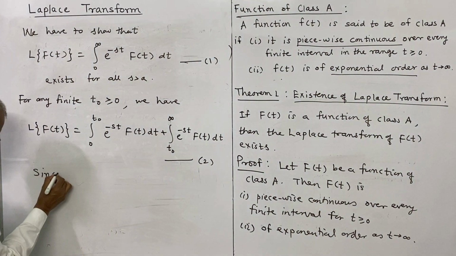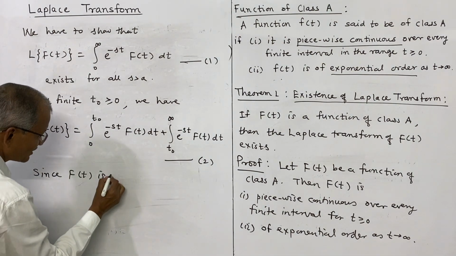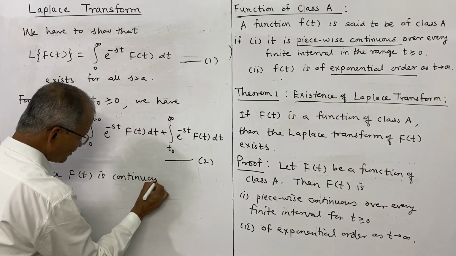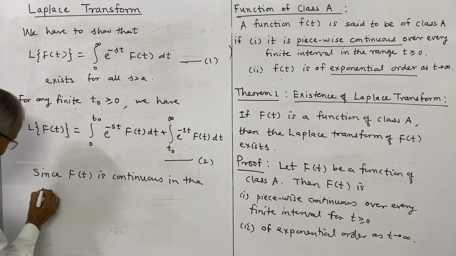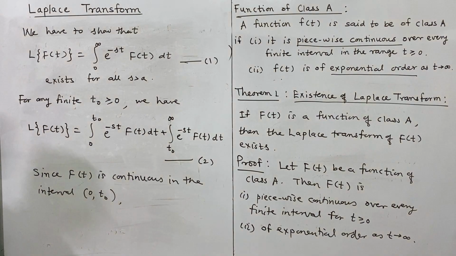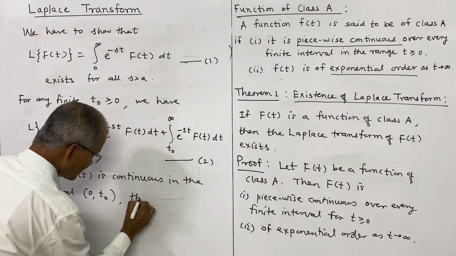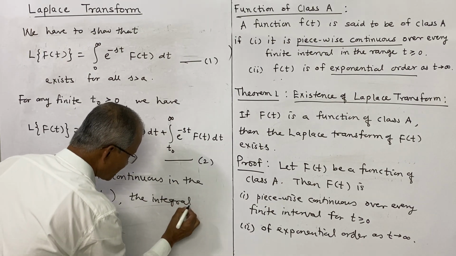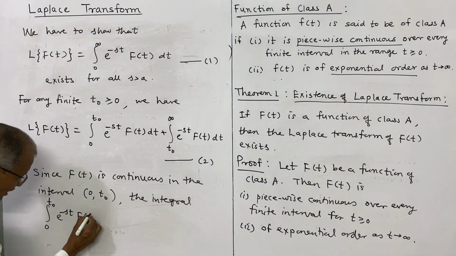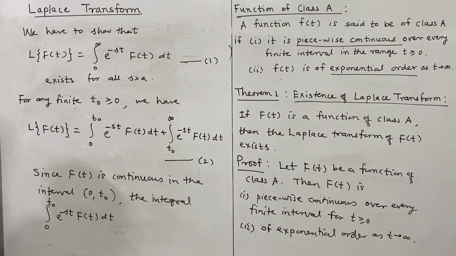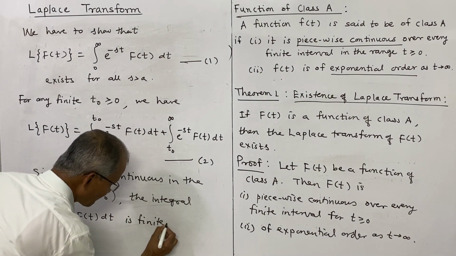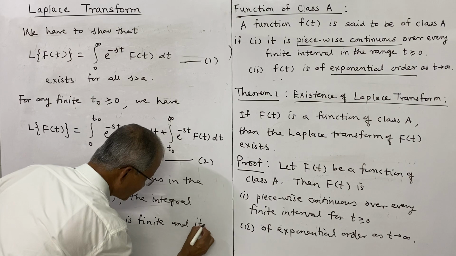Since f of t is piecewise continuous or continuous in the interval 0 to t naught, the first integral, the integral 0 to t naught of e power negative st f of t dt, is finite and hence it exists.